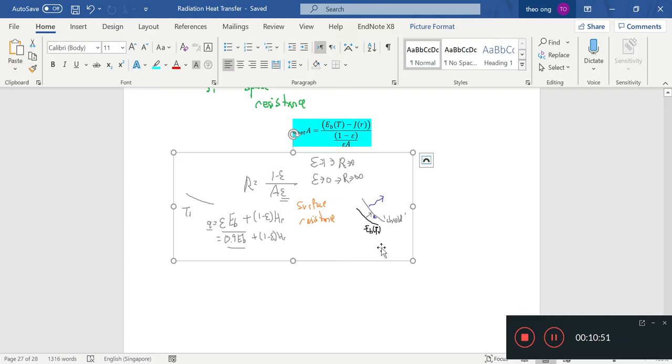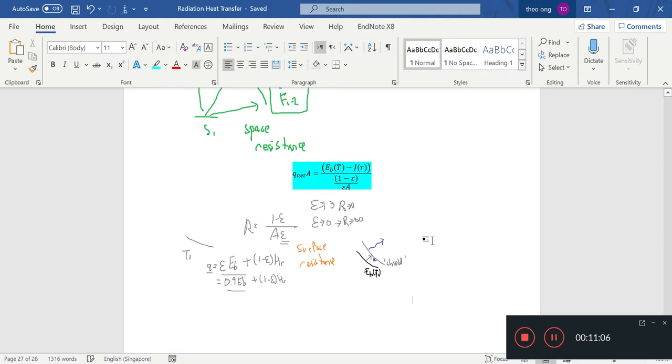So it's an extremely good insulator. Instead of Venus radiating like a black body, it emits with emissivity less than 1, perhaps much less than 1, and that's why it stays very hot. So this is called surface resistance, and it's described by this term over here.